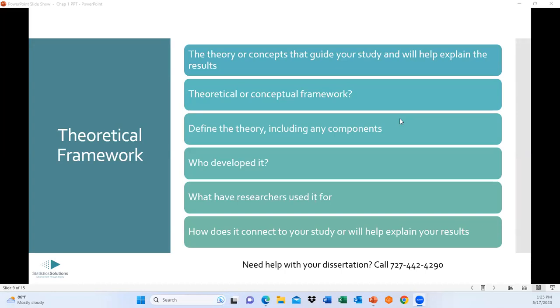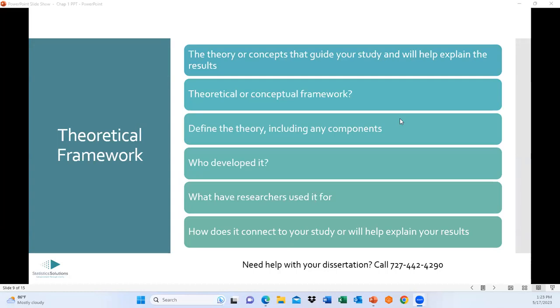Basically, it's a theory or theories or a set of concepts that you're using to guide your study, to guide your investigation, and it helps at the end in the discussion section to explain your findings, right? Because data itself is dumb, right?